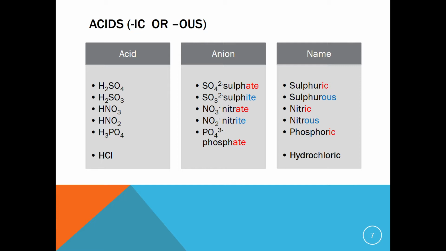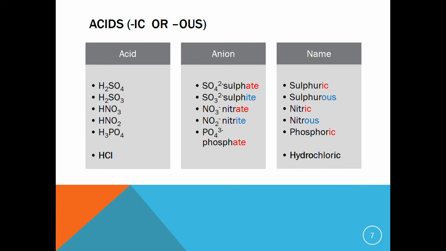When the anion name ends in ite, like in sulfite, the ending ous is added, like in sulfurous. The same with nitric and nitrous acid. The acid with NO3 minus ion and a larger number of oxygens is named nitric, and the acid with NO2 minus ion and a smaller number of oxygens is named nitrous.